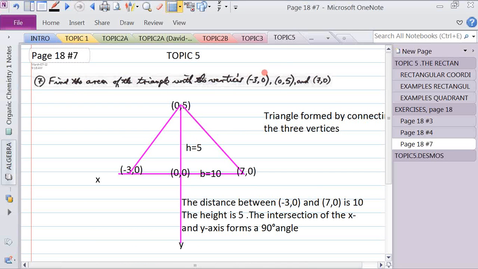Find the area of the triangle with the vertices minus 3, 0; 0, 5; and 7, 0. So first of all, we start with our x-axis right here and our y-axis right here. And here's the origin, 0, 0. So now I put the points in. Minus 3, 0 means that x is minus 3 and y is 0.